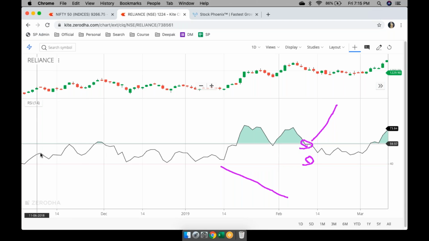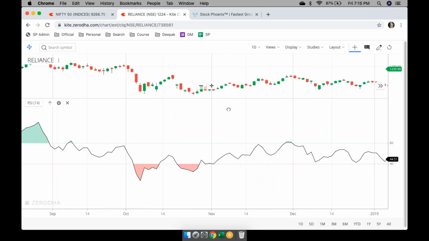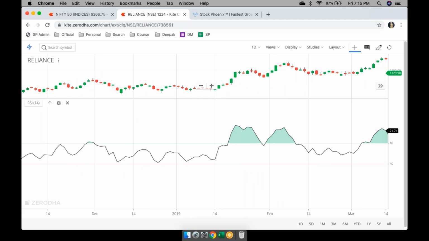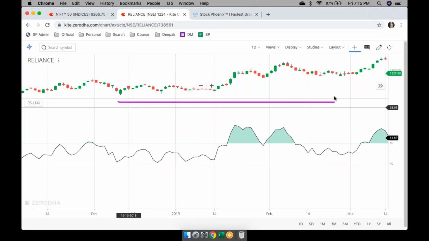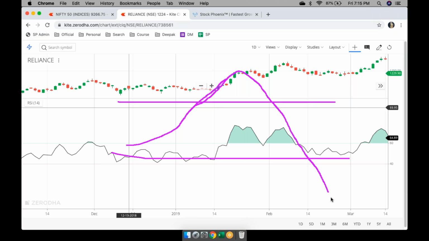When the RSI is traveling between these two lines, 60 and 40, it can also break these levels and go beyond. No doubt it will happen. Again, it will not always respect the line.